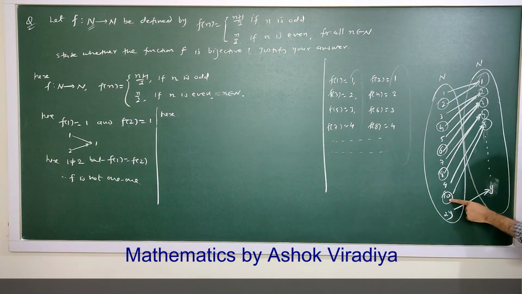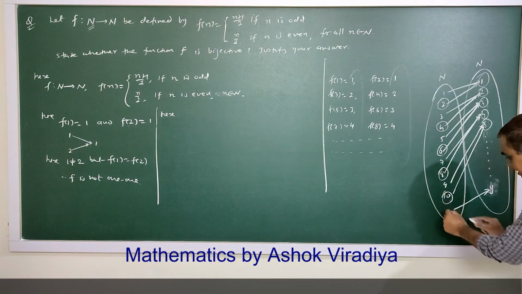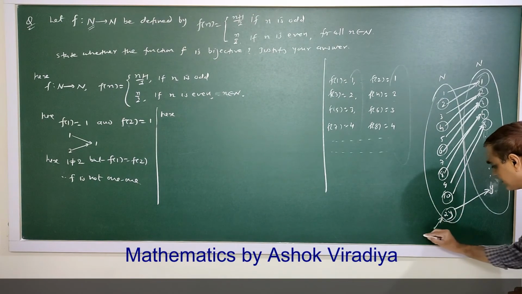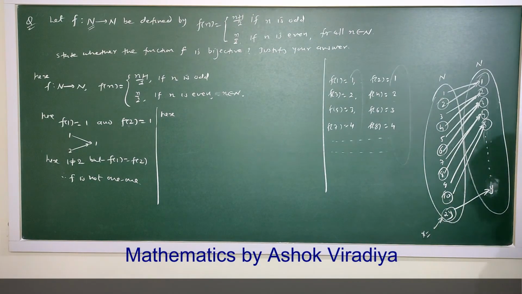This is y, this is 2y. This is true for every element of the codomain. For every element y of the codomain, there exists x. What is x? Take x equal to 2y, whose image is y.